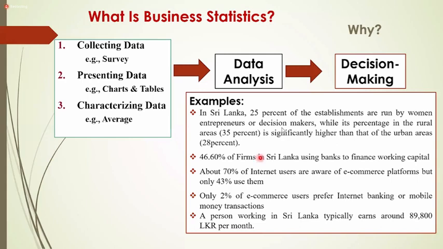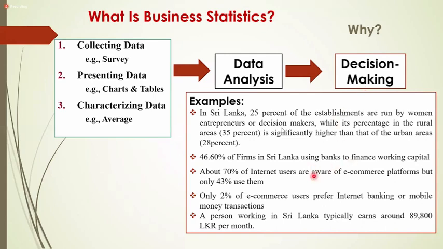And some other different questions also we can ask. So we are conducting a survey. Then we are presenting the answers we got from the survey questions. And also we can make some calculations. Here mainly we make the calculation of percentages. Then by using these percentages, we come to the decision making.